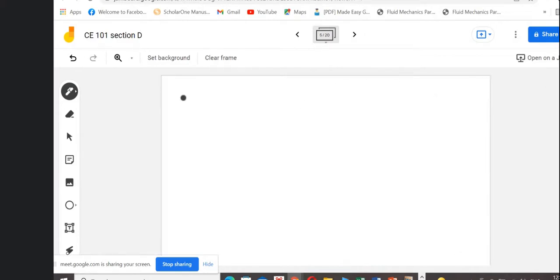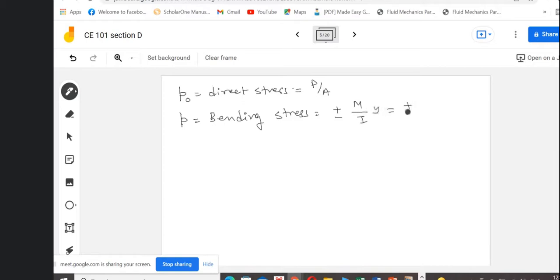So let me rewrite this part again. So here it is P naught, or direct stress, is P by A, and here the bending stress is plus minus M by I into y, the same as plus minus P into E by I into y.